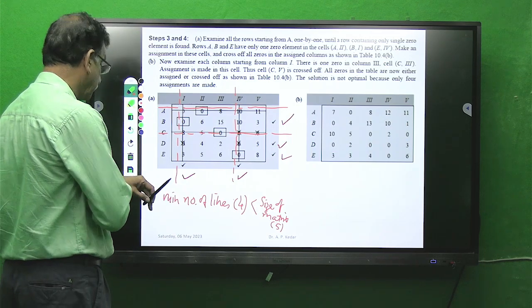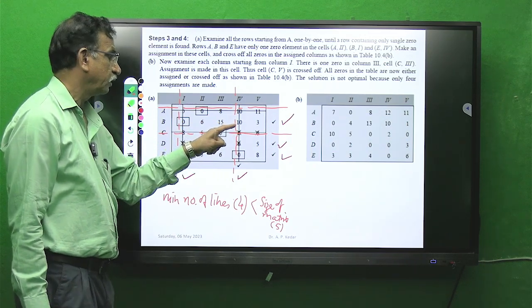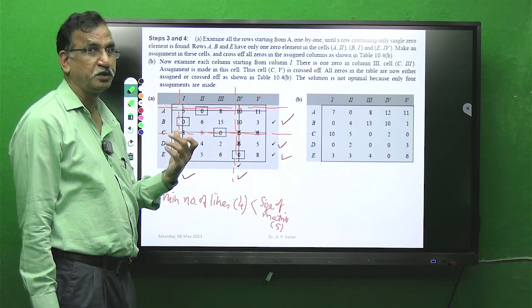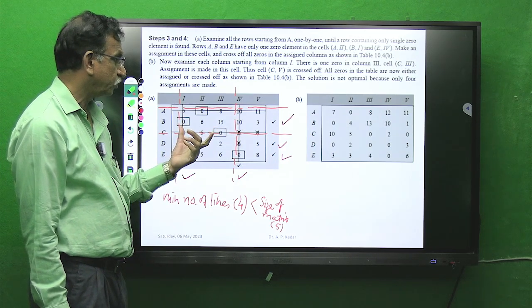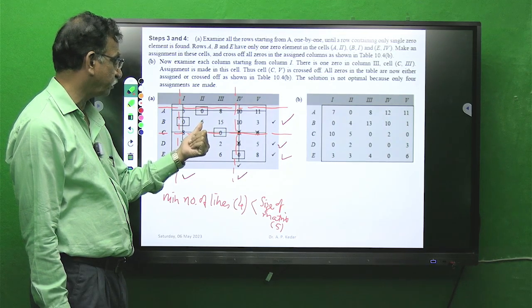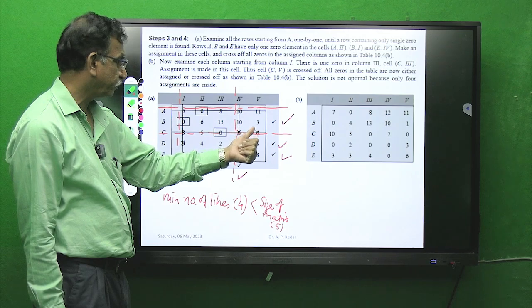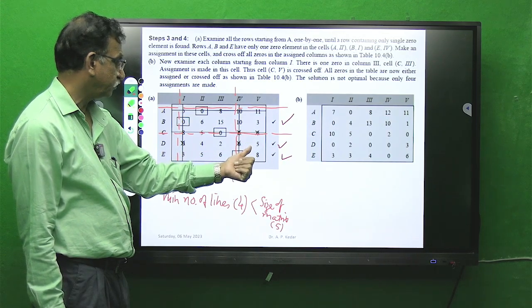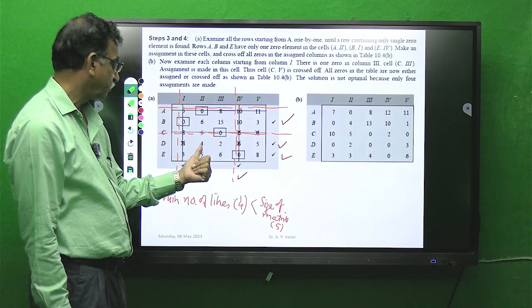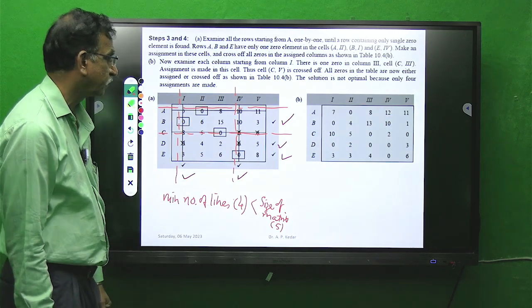Under that, our step was, amongst these, identify the value which is minimum. So if you look at these values through which a line does not pass, one is 6, 15, 3, then 5, 2, 4, 5, 6, 8.